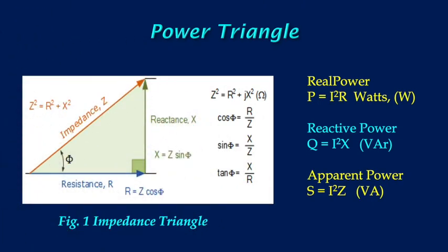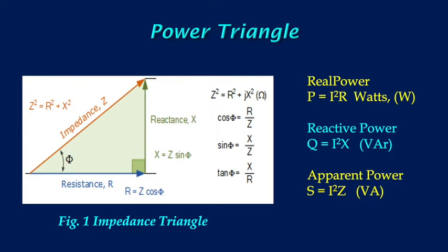Power triangle. AC circuits which contain resistance and capacitance, or resistance and inductance, or both, also contain real power and reactive power. So in order for us to calculate the total power consumed, we need to know the phase difference between the sinusoidal waveforms of the voltage and current.